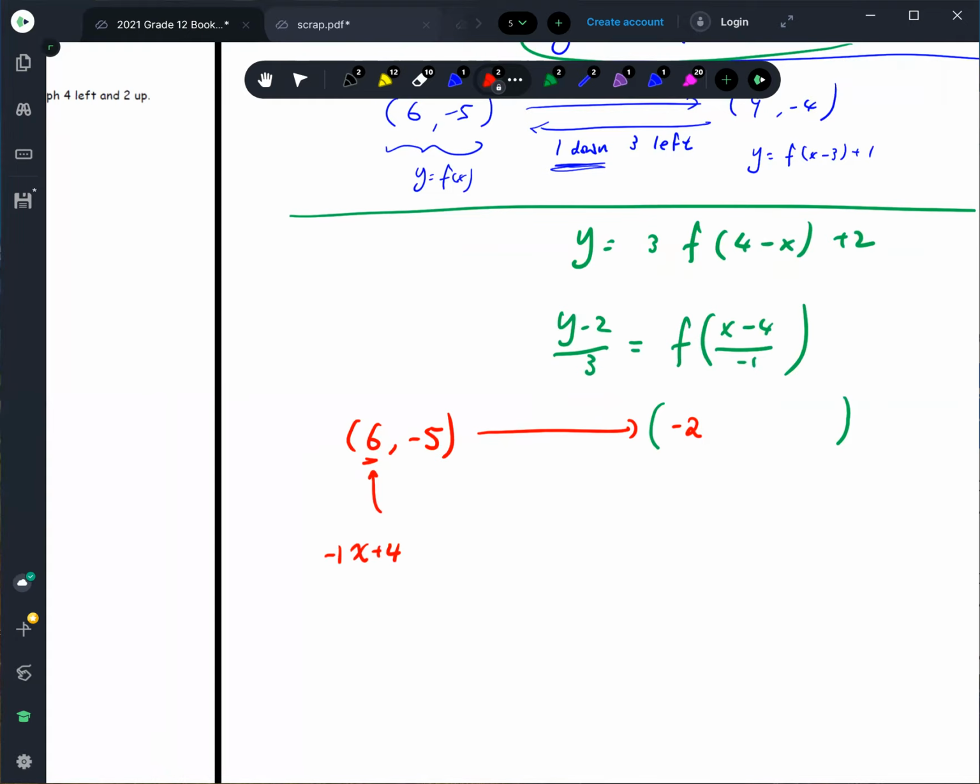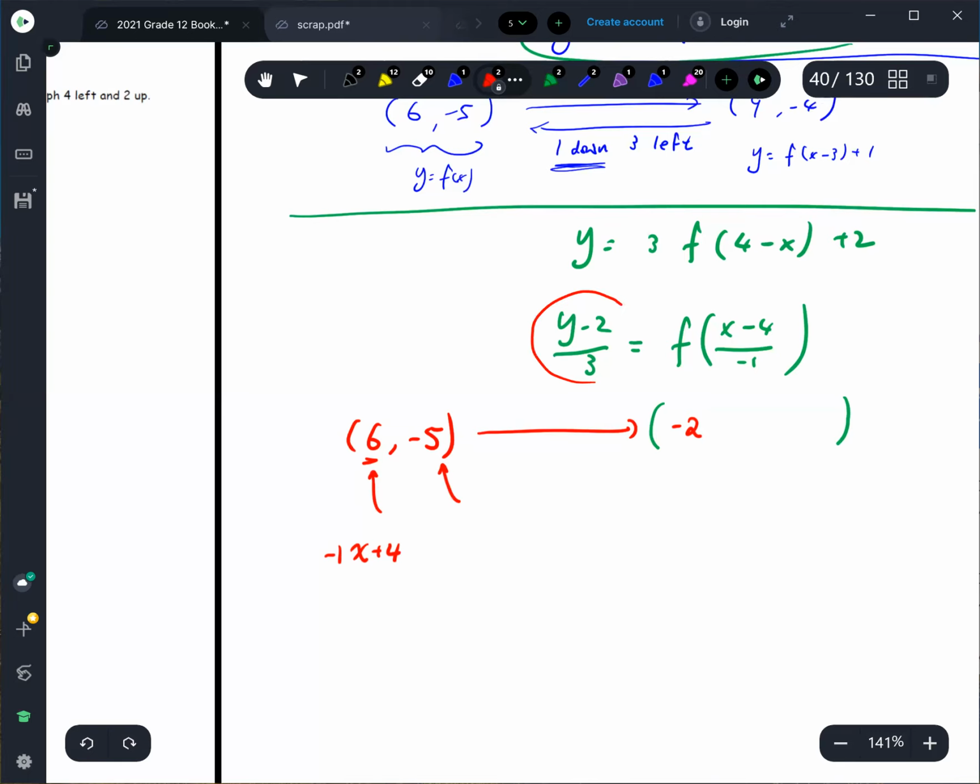Now let's look at the y part. Okay, Lady, what do you do with the y? Look at the story form, right? What do we need to multiply? Multiply by 3. Yeah, so 3 times the y and then plus 2 because we're moving which way?